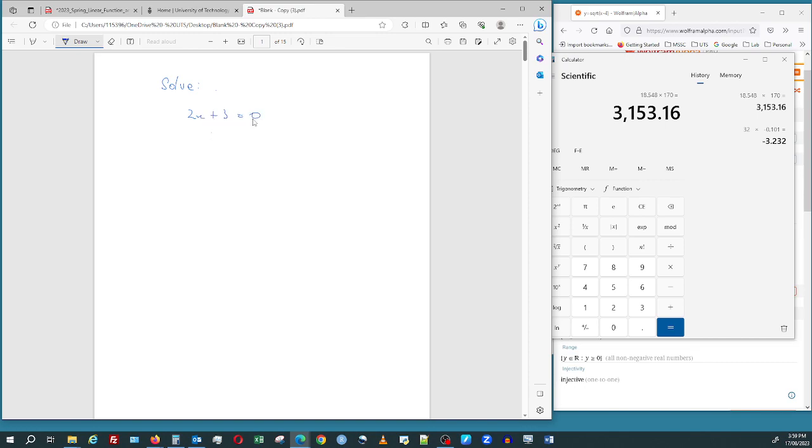This is saying find where y equals 0 intersects with 2x plus 3. So if I just draw those two lines, y equals 2x plus 3 and y equals 0, this makes much more sense.